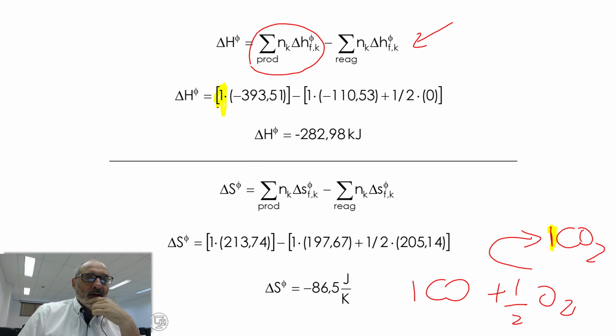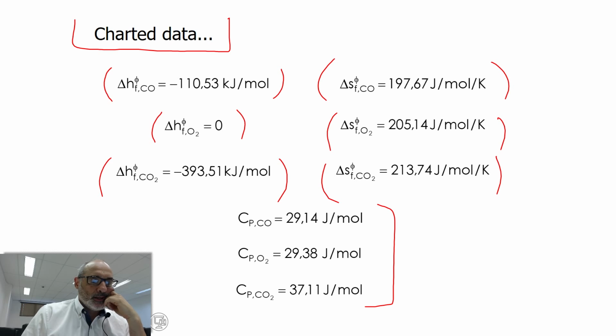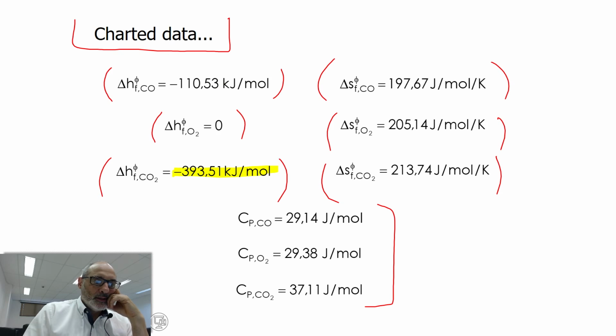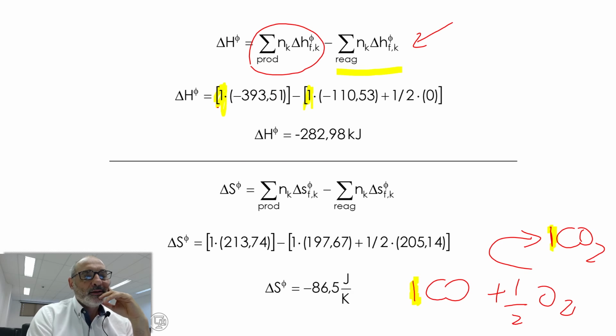And 393 is the enthalpy associated with the formation of CO2. Again, from the left side of the chemical reaction, this number 1 here is this number 1 here, and minus 110 is the enthalpy of CO, carbon monoxide, and then 0.5 times 0 is the enthalpy of formation of O2.